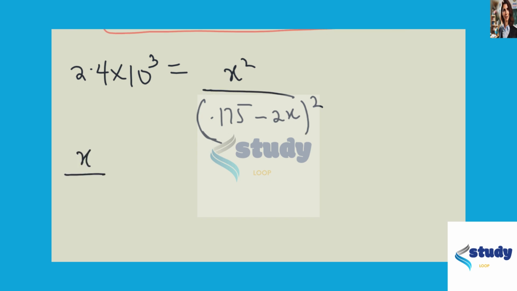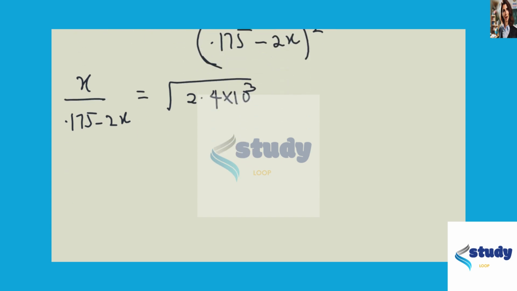So x over (0.175 minus 2x) is equal to the square root of 2.4 times 10 to the power of 3, and this would mean that x over (0.175 minus 2x) is equal to 48.99. That's the square root.